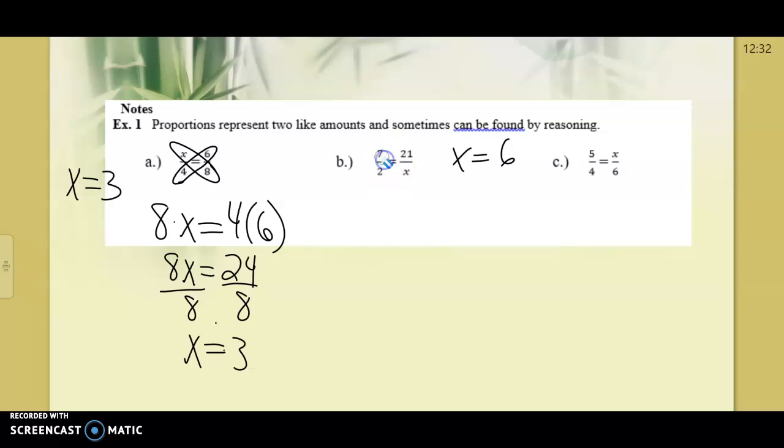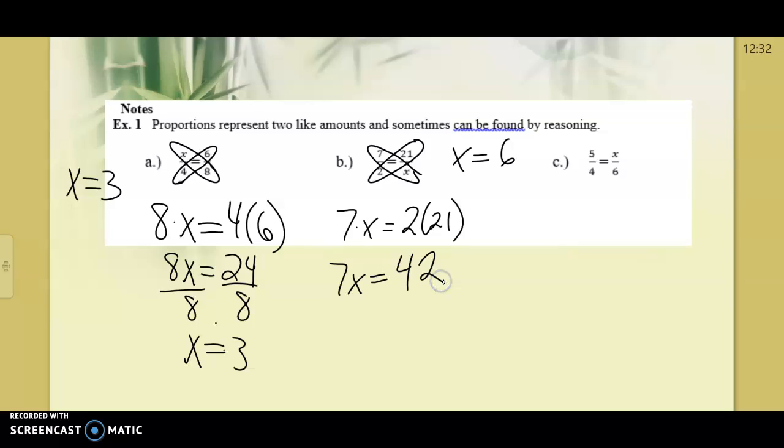So multiplying it by the same number or cross multiplying, let's see what happens. 7 times x equaling 2 times 21. Boom. And we would multiply these together. 7x equals 42. Divide by 7, and the last time I checked, 42 divided by 7 was in fact 6. So nice job.